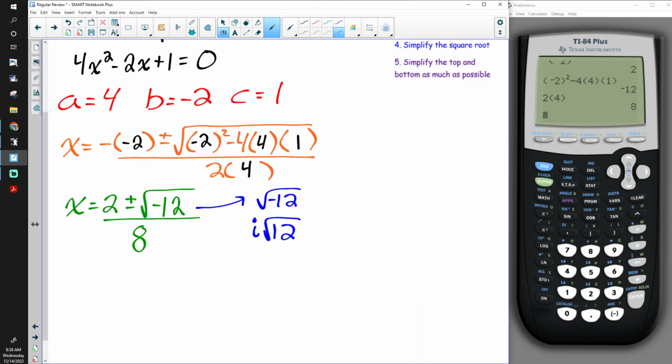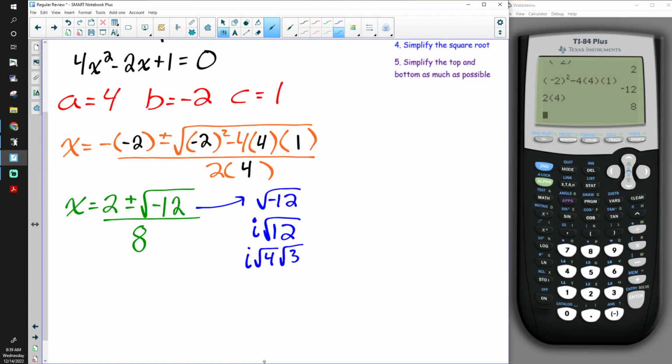Now, just like we did before, the number 8 could be divided by 4 and be split into 4 and 2. What can we split 12 into? One of our numbers must be a perfect square. 4 and 3, right? I wouldn't ever want to do 6 and 2, because 6 and 2 are both not perfect squares. I want to split it into a perfect square. So I have I root 4 root 3. Remember that I is still there.